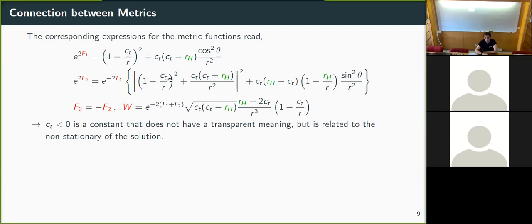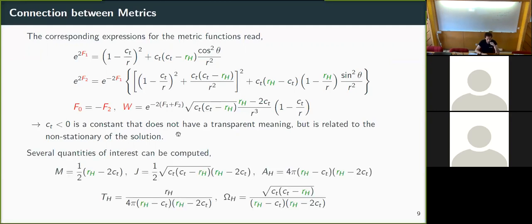So you can then write the F functions in terms of the Kerr metric quantities. It's a bit confusing, a bit complicated, but you can do that. So here we have, again, RH, the radial coordinate of the event horizon. And we also have here this CT, which must be negative. It's a constant that doesn't have a transparent meaning. But if you look at the case in which CT is equal to 0, this will be apparently related with the non-stationarity of the solution.